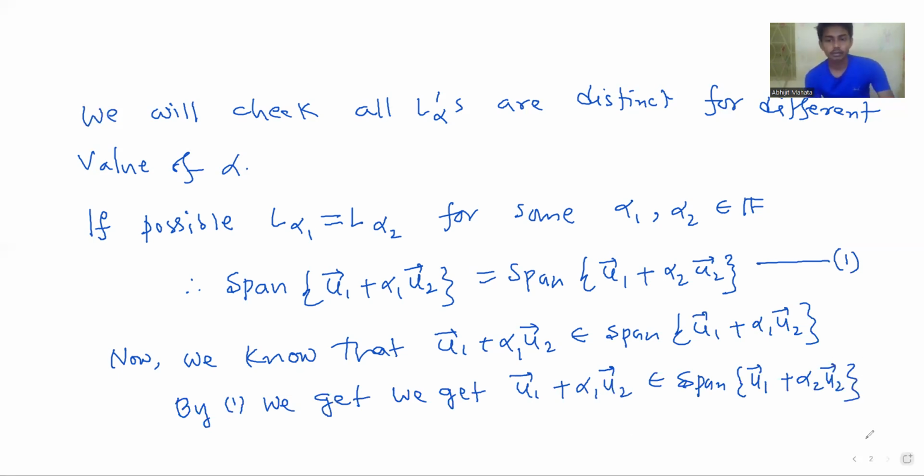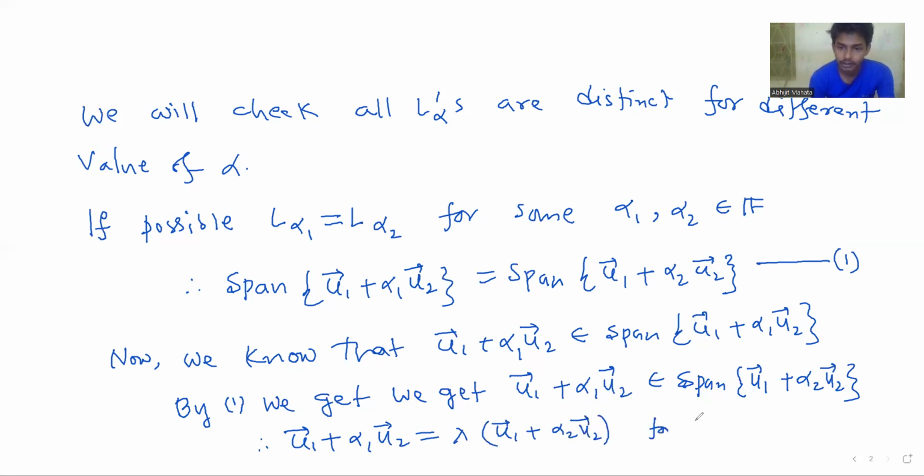So now let me go to the next page. Since this vector is in this spanning set, u1 vector plus alpha 1 of u2 vector is nothing but lambda into u1 vector plus alpha 2 of u2 vector for some lambda in the field F. So basically, u1 plus alpha 1 of u2 is lambda of u1 plus lambda alpha 2 of u2.